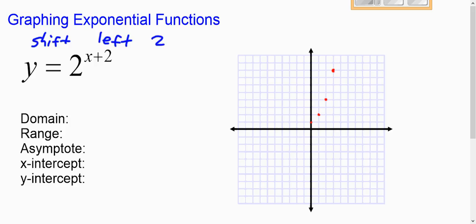But everything is shifted 2 units to the left. So instead of being there, it shifts 2 units to the left. 2 units to the left, 2 to the left, 2 to the left. So you can erase the parent function dots, just keep the shifted. And then draw the graph.